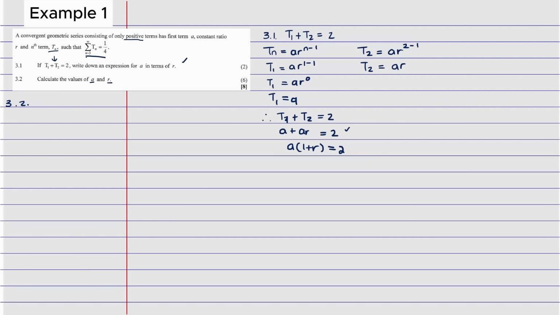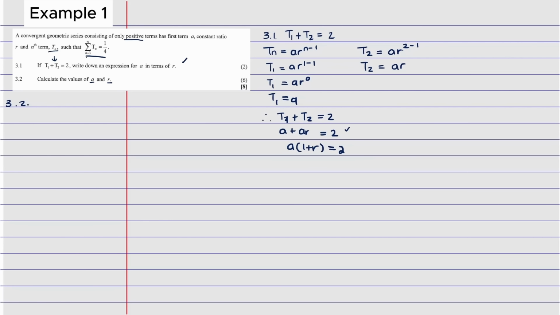This can be rewritten as T3 plus T4 plus T5, I just wanted to show you visually. So we know that the sum to infinity is equal to 2 plus 1 over 4, which is going to be 9 over 4.